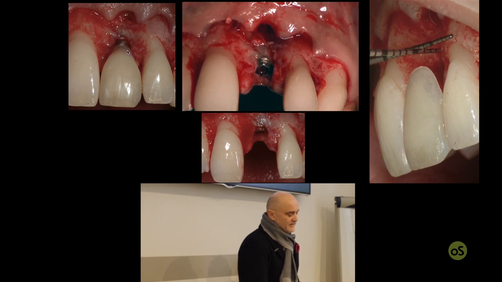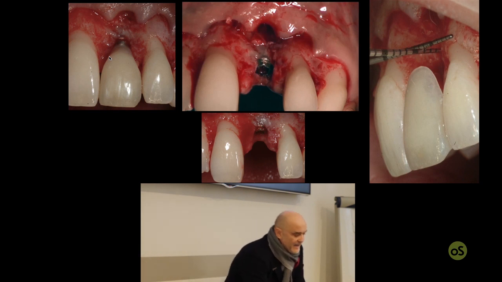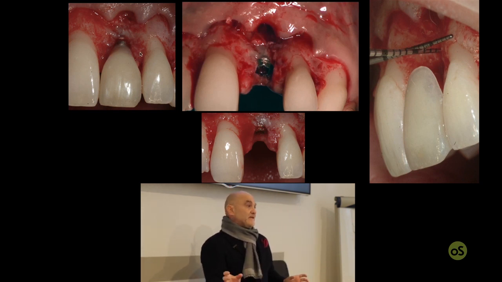What is very important is that your technicians or your restorative dentist reduce as much as possible, make it almost concave, the area where the temporary crown is in contact with the mesial and distal papilla.